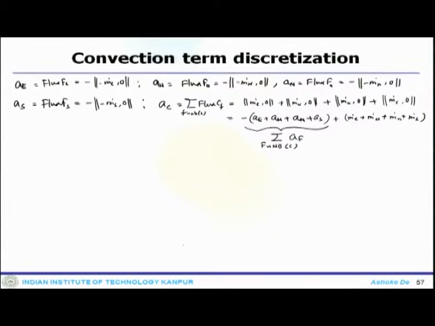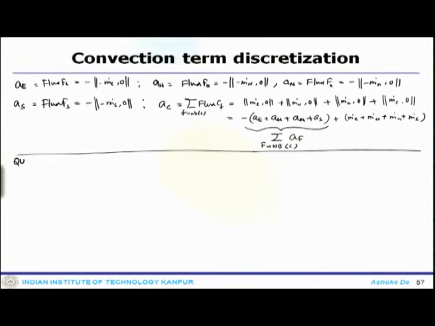Now, for example, if someone uses the QUICK scheme, what happens to that? This was for your first order upwind scheme.